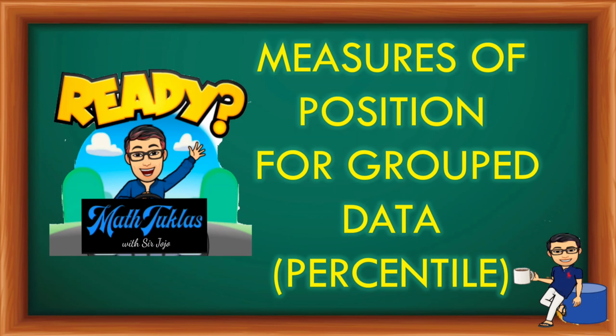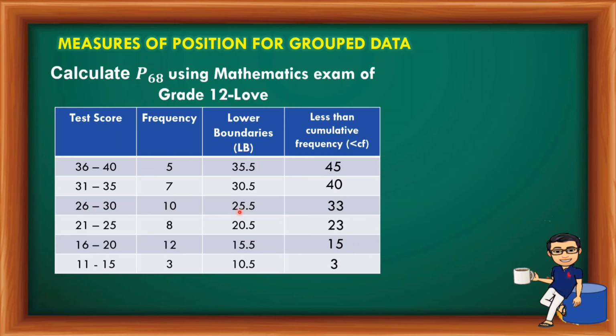Okay, let us consider that we're about to calculate percentile 68 using the mathematics exam of grade 12 law. This is the same table we used to find the quartile and decile. So the process of finding the lower boundaries and cumulative frequency is visible in that video.